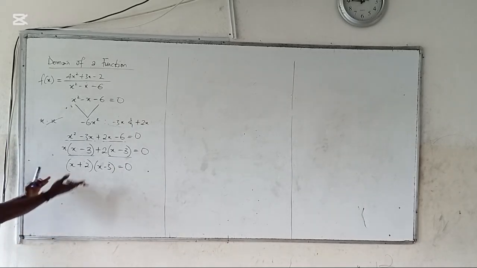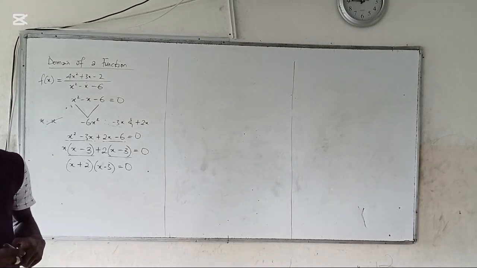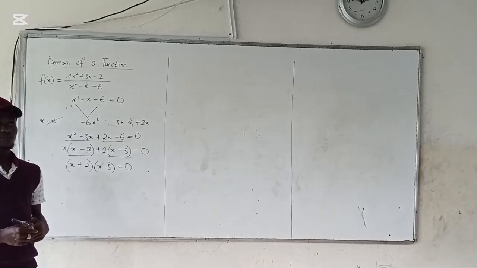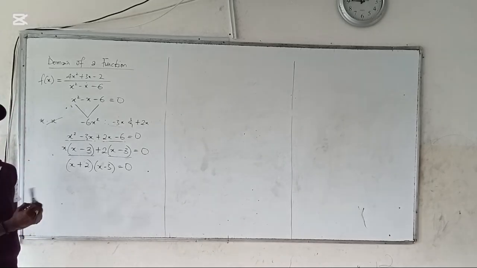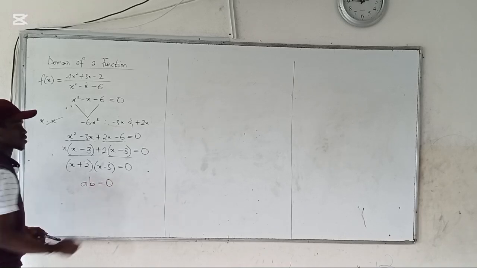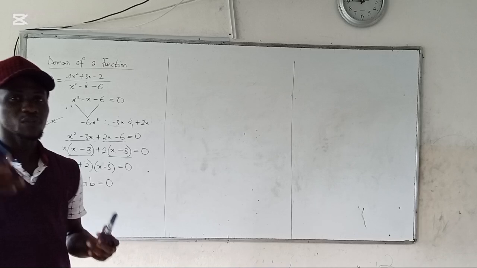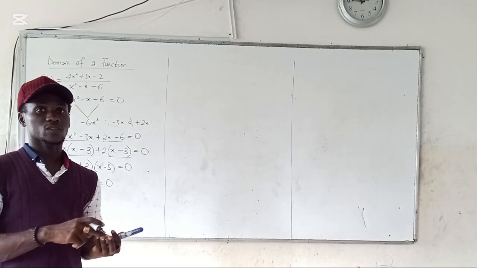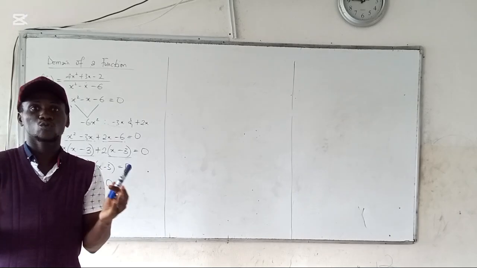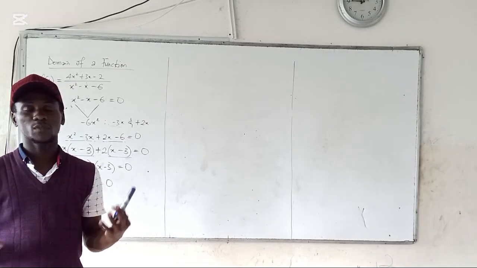From here, to get my values for x, I will now apply a principle in maths called the zero product principle. What does the zero product principle mean? It says that if you are multiplying two numbers, a times b, and it's equal to 0, it means that either one of the numbers is 0 or the two numbers are 0. Because it's not possible for you to multiply two numbers and get 0 if neither of them is 0.